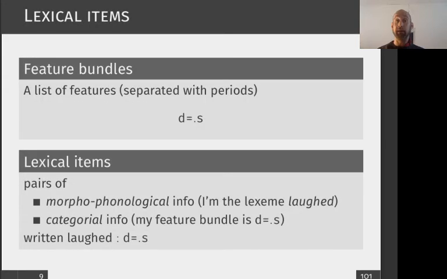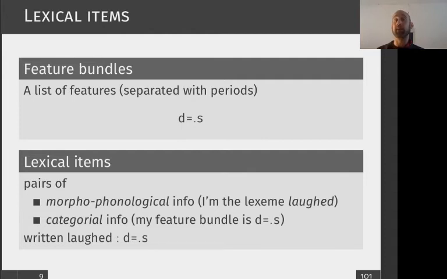So lexical items, that was sort of the intuitive introduction. Lexical items are sort of combinations of sounds and structure, also meanings, but we're not talking about that yet. The structure that lexical items have are feature bundles, and feature bundles are lists of features.